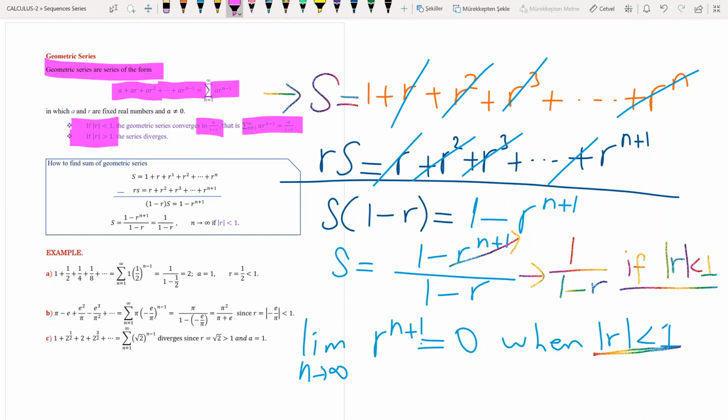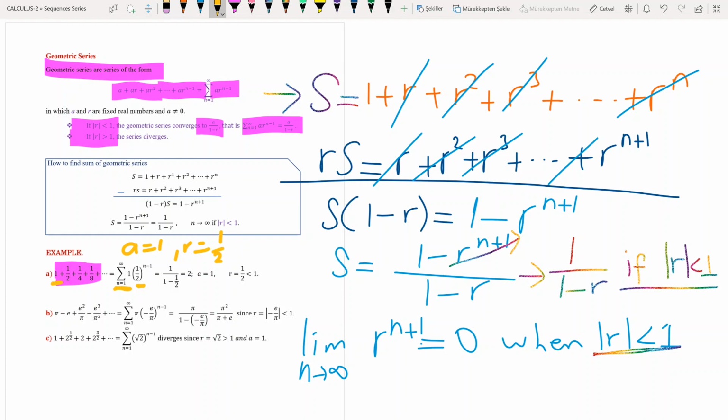Let's look at this example. 1 plus 1 over 2 plus 1 over 4 plus 1 over 8 plus, and so on. It's better to write this infinite sum using the sigma notation. Using the sigma notation, we have n from 1 to infinity. In this case, a is 1, r is 1 over 2, as you see. So we can check whether it is right or not. For n equals 1, we have 1 times 1 over 2 to the power 0, which is 1, so we get the first term.